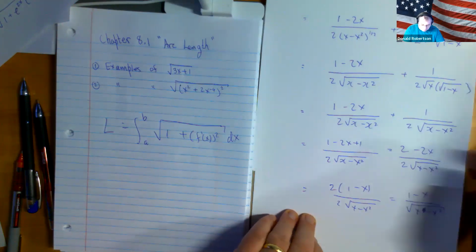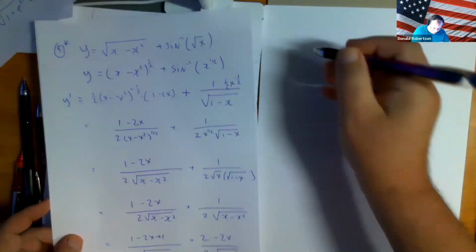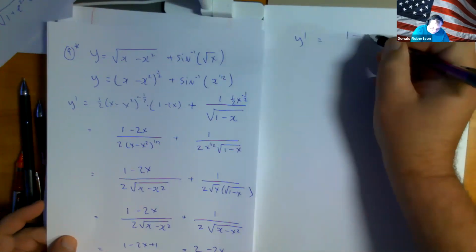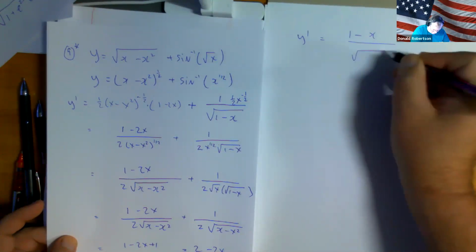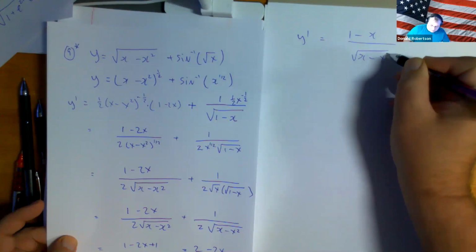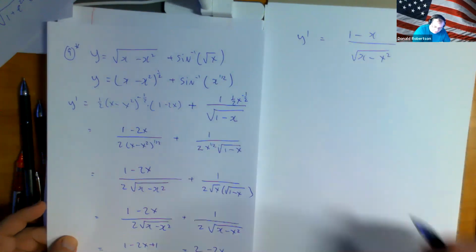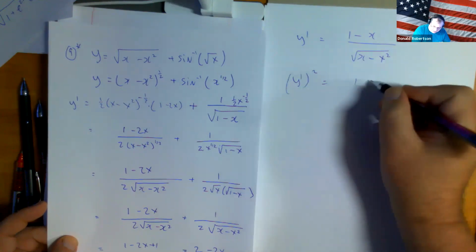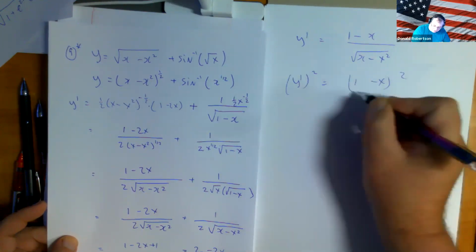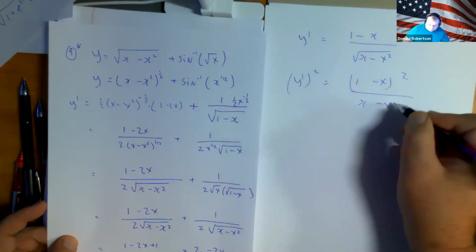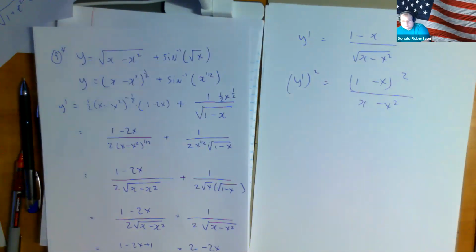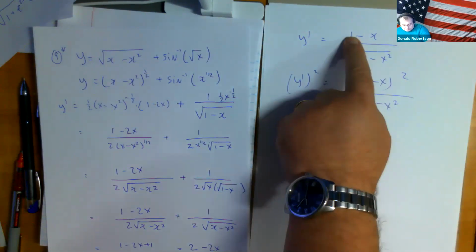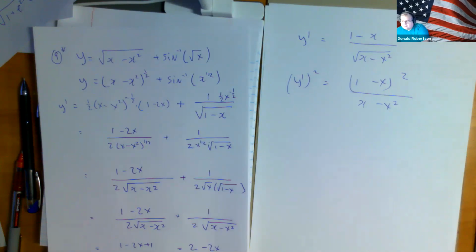So all I know right now is that this is what that guy looks like. So let's square him. Well, won't you get 1 minus x squared over x take away x squared? You happy about top square, bottom square?